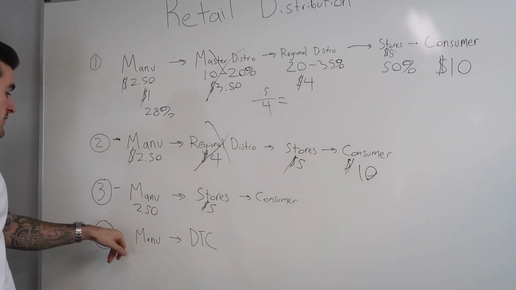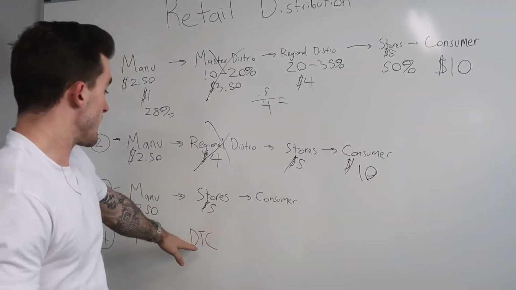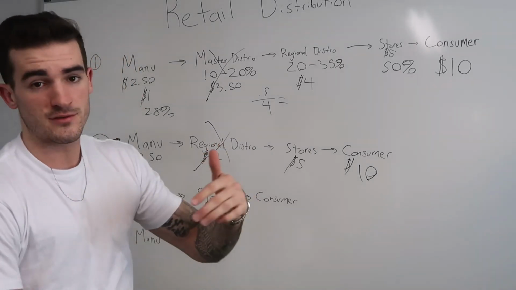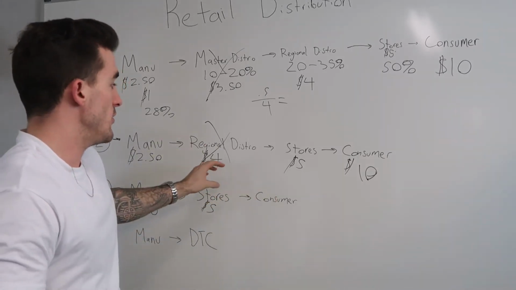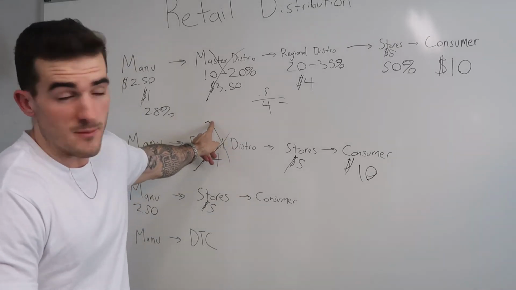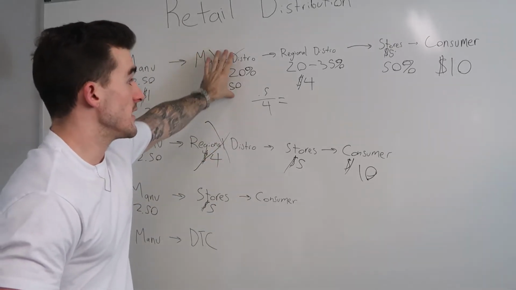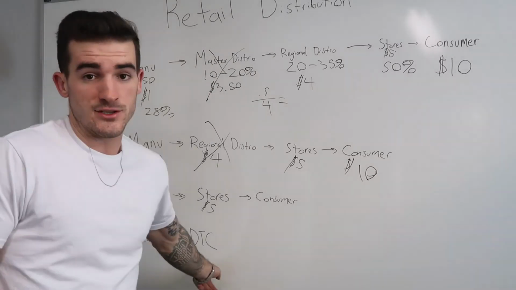Now we've got option 4, which is direct to consumer. So with direct to consumer, the pros is you're making all the profit. You're not having to have a store make their money, a regional distributor make their money, or a master distributor make their money. You're simply making a product and selling it straight to the end consumer.